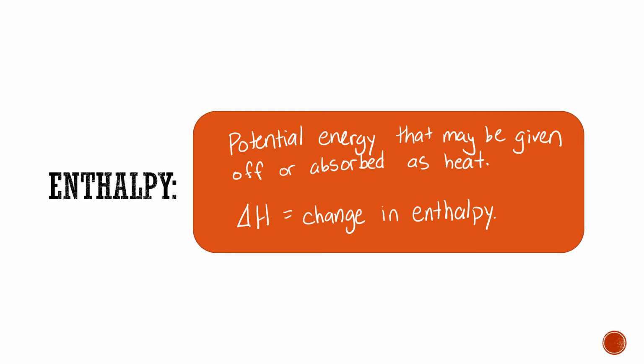So we're going to be using enthalpy. We're going to be plotting enthalpy on a diagram. We'll look at some of the potential energy and looking at how that heat is absorbed or released in a reaction.